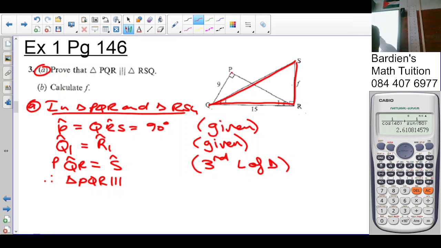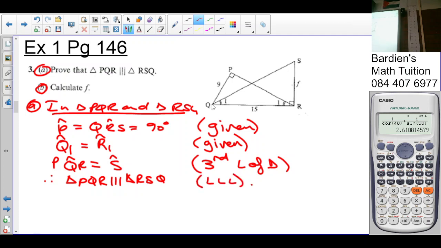So it's going to be P, Q, R, so it has to be R, S, Q. The reason why they give you that in the right order is so that you can apply it on the length question next. So it's similar to triangle RSQ. And on what account is that? Angle, angle, angle. Not so?